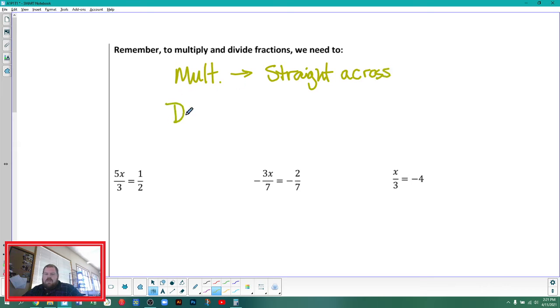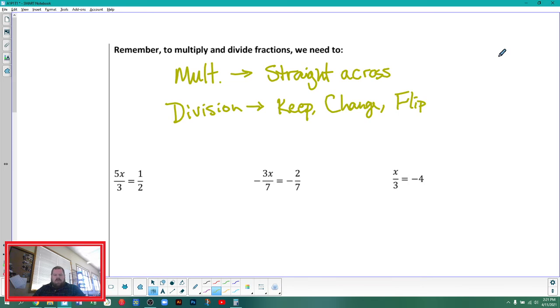For division, we keep change flip. Okay, so we will never divide fractions. We want to think about multiplying them.